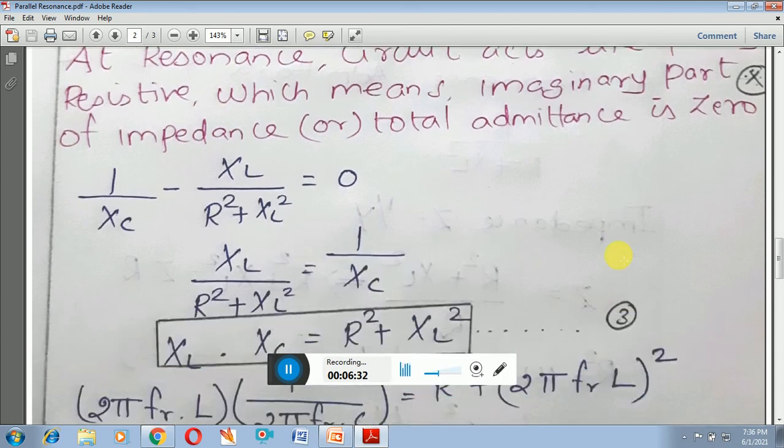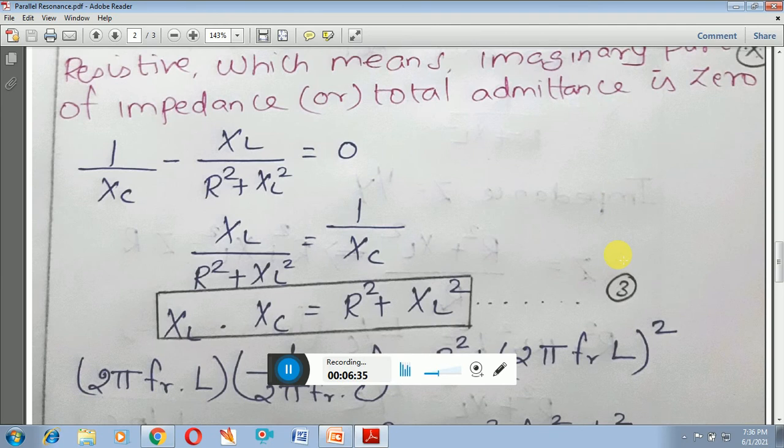From that you can simplify it as XL divided by R squared plus XL squared is equal to 1 by XC, and cross multiplying you get XL into XC is equal to R squared plus XL squared. Consider it as equation number 3. This equation will be used in a separate place to find your final value.